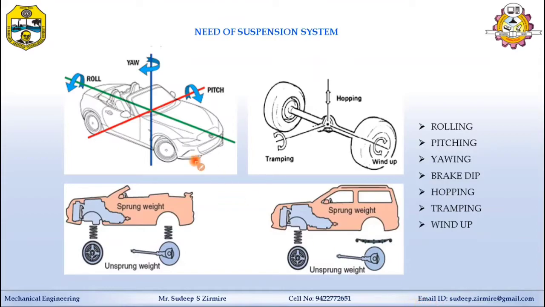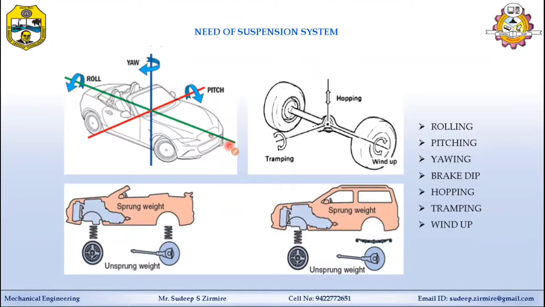Friend, here you can see in this first figure, it's a car. It is showing the three axes. You can consider x, y and z axis, and these indicate the pitch, yaw and roll of the vehicle. Every part, when it is in space, actually has 12 degrees of freedom.